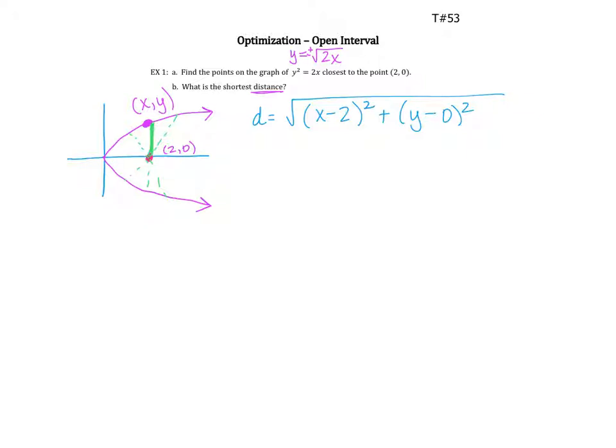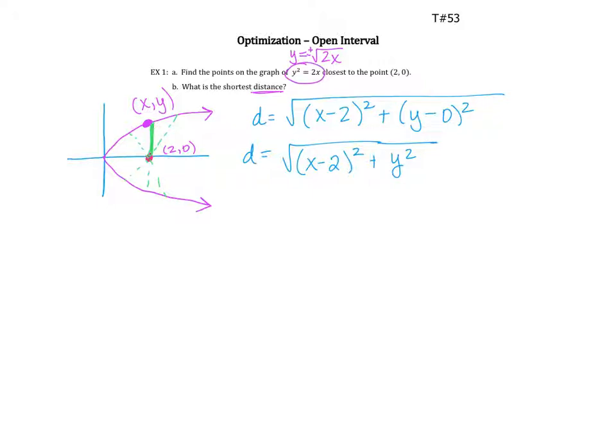Let me see if I can get it in terms of 1 variable. So let me clean it up, and I think you might see it for yourself. Do you see a way to have the distance in terms of 1 variable? And hopefully you go, well, yeah, because look at this.